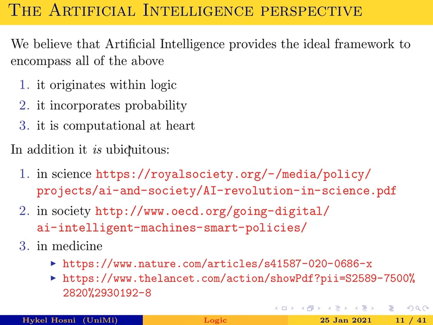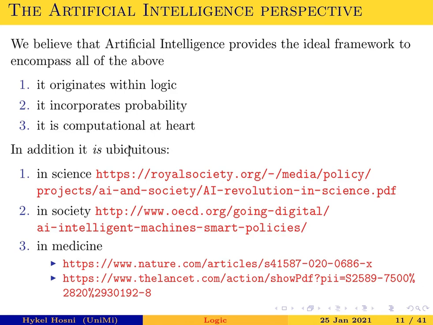And just 4 links, to give you, if you don't have that perception, the sense that AI is everywhere: in science, society, medicine. It's going to be increasingly everywhere. So again, a good awareness of the foundations is very useful.